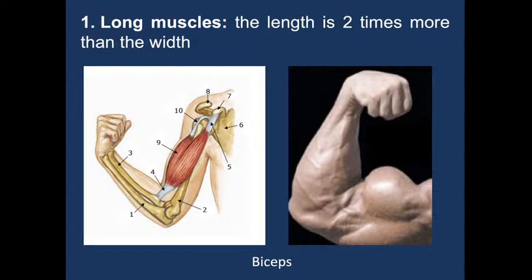By shape, we also classify long muscles. What are long muscles? Those whose length is 2 times more than the width. For example, when we have two caput, we call these muscles biceps. This one is musculus biceps brachii in Latin.